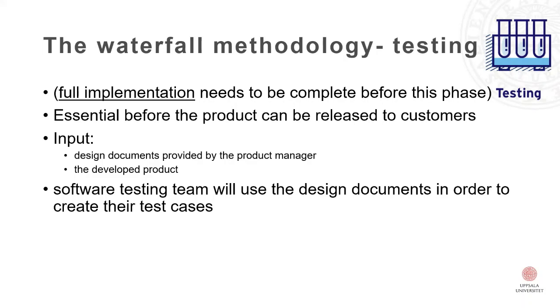Now the work is passed to the software testing team. They will use these design documents and create test cases. We have already talked about test cases briefly before. Test cases simply are a set of different tests.